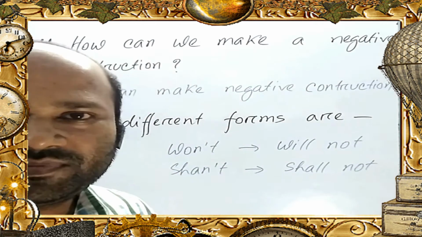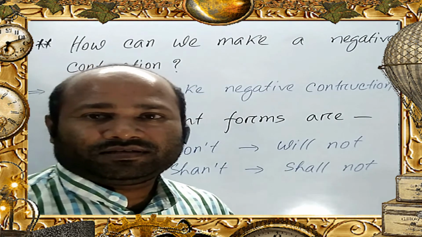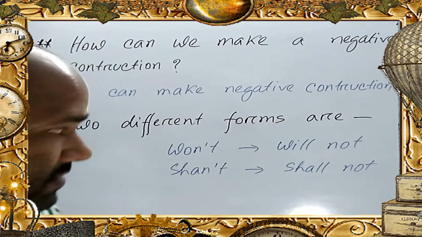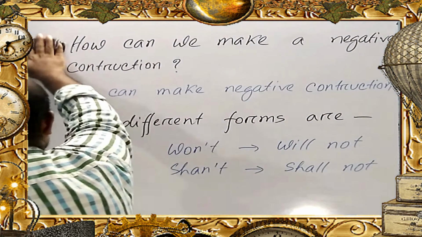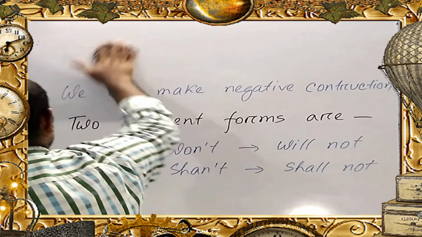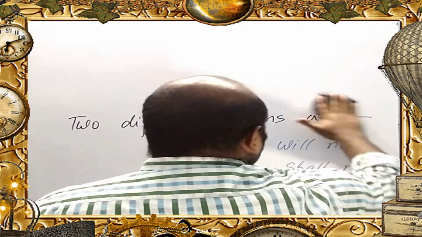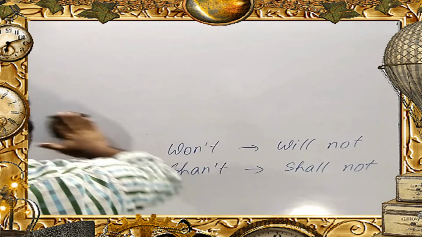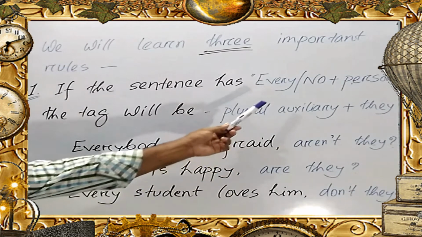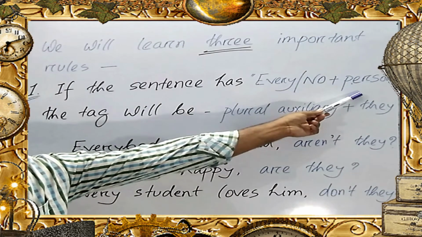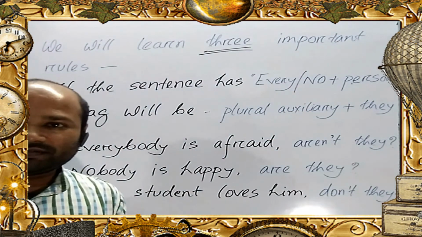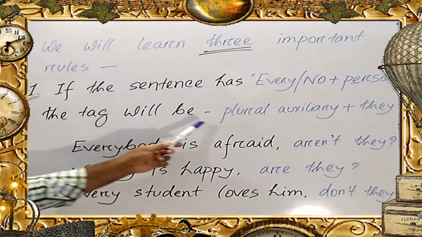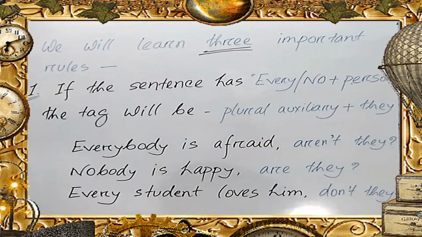So let's know what we are going to have in our tag question rules. First of all, let's see two major rules. We already know the rules of tag question, but we need not learn all these rules. Just two difficult or confusing rules I am going to tell you today. If the sentence has every or no plus person, the tag will be plural auxiliary plus they.